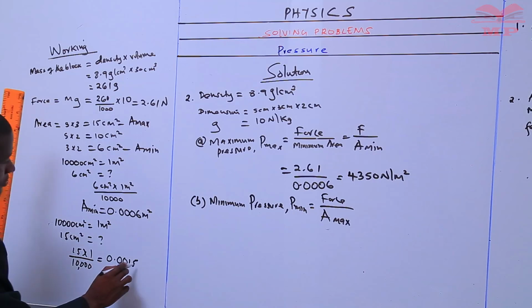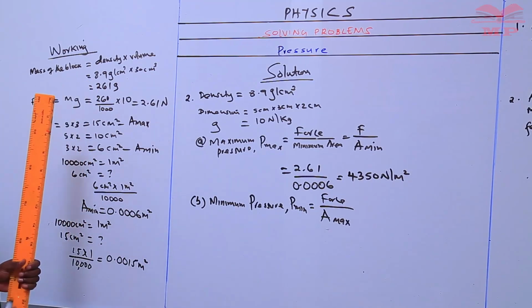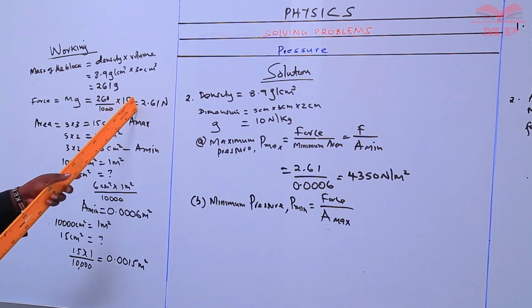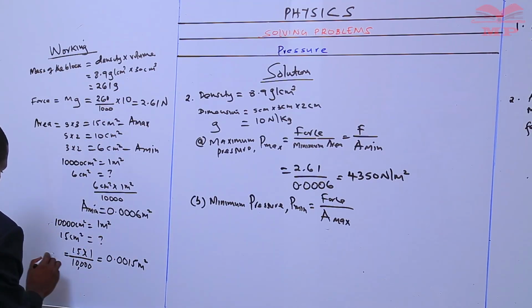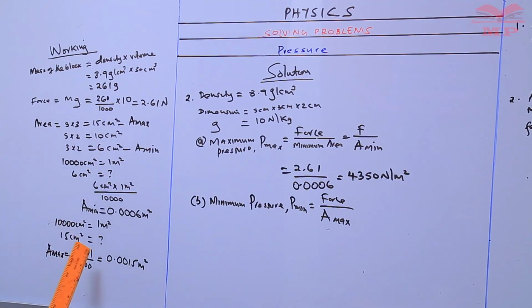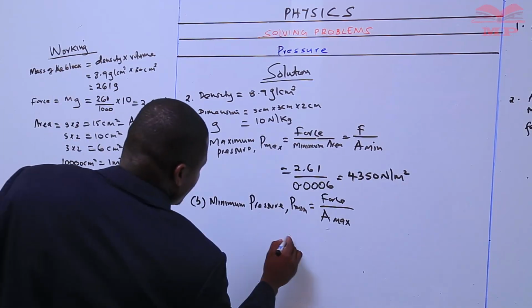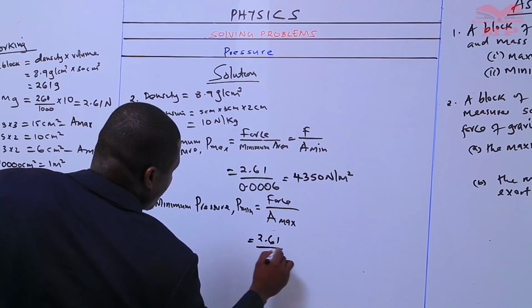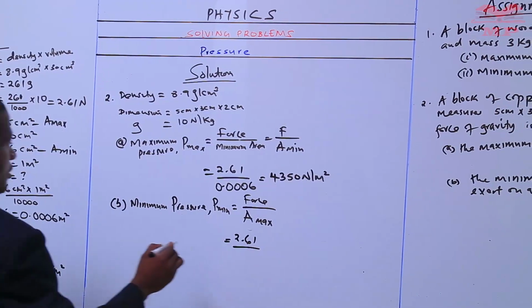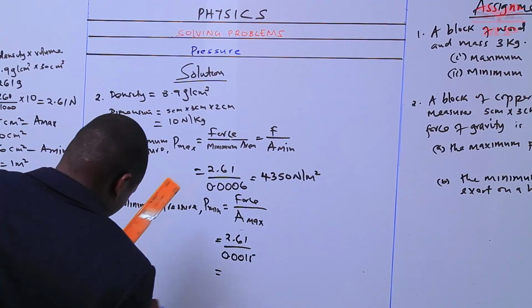0.0015 meters squared. Now from here, our working, we have our force, then we have our area max. This is our area maximum. So we substitute in our equation. So this one gives us force 2.61 over area, which is 0.0015.